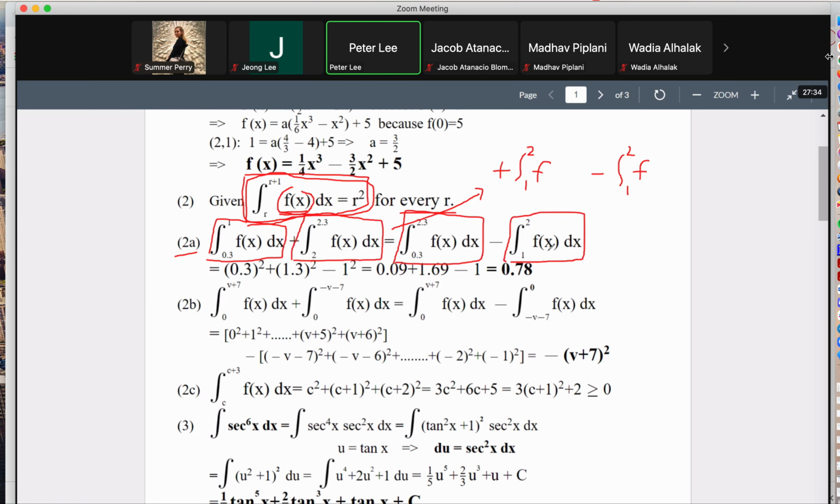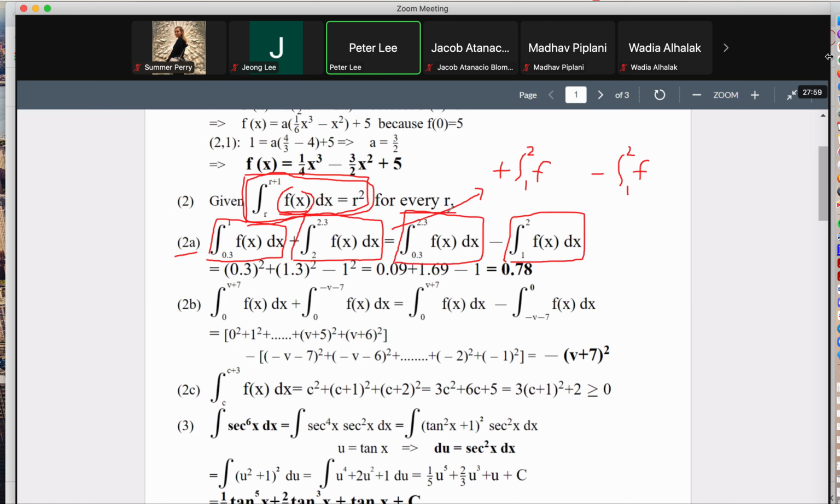Does everybody get the first step? Tell me if anything is not clear. Yeah, no, I get it now. Because as you can see, this is from 0.3 to 1, and then from 2 to 2.3, so there's a gap from 1 to 2.